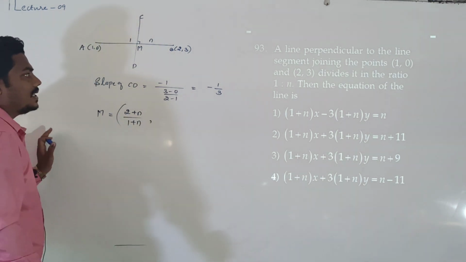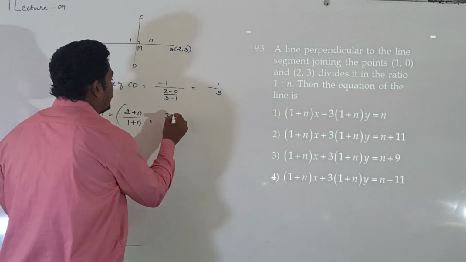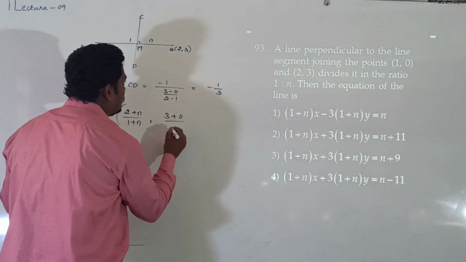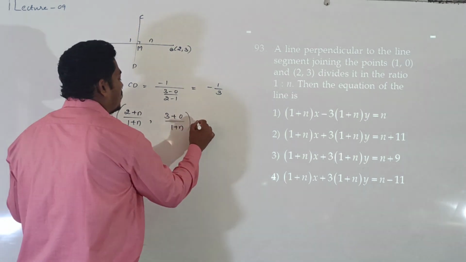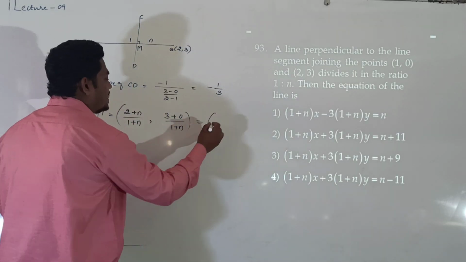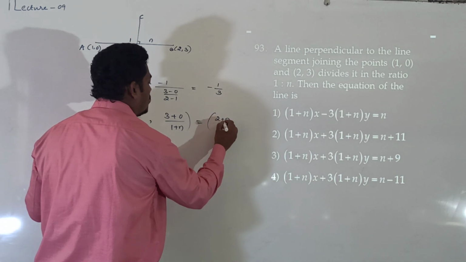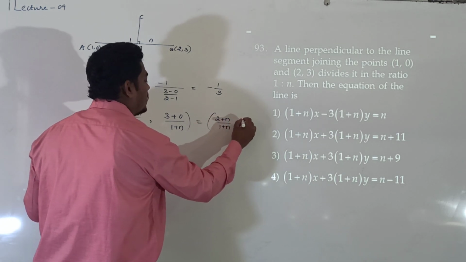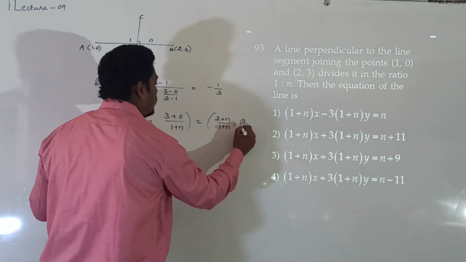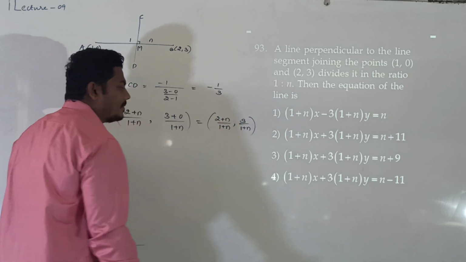Then m y2, that is 3, plus n y1, 0, divided by 1 plus n. That's equal to M coordinates (2 plus n divided by 1 plus n, 3 divided by 1 plus n), right?